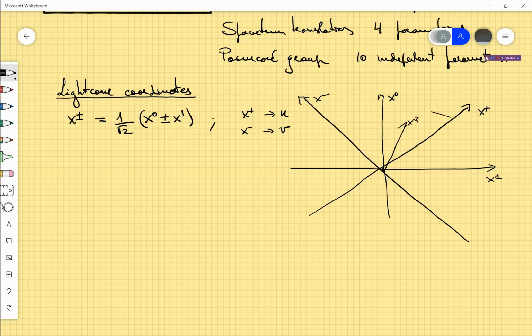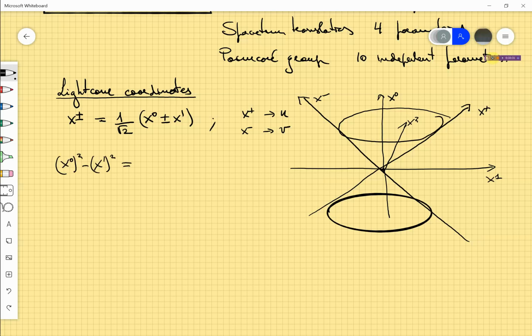Then the light cone would really be this surface, but the coordinates x plus and x minus lie on the light cone. The main property of these coordinates is that the interval, which has this form in Cartesian coordinates, now has this simple form. It's just x plus times x minus.